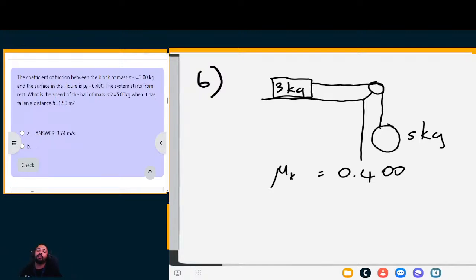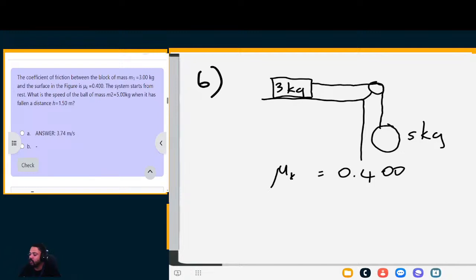Now if I read the question again, you all have a visual picture of what is happening. We have the coefficient of friction between the block and the table or the surface, and that coefficient of friction is 0.4.